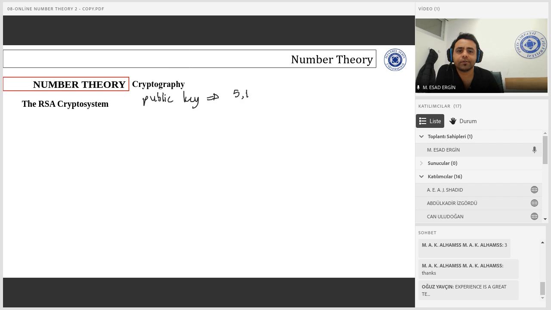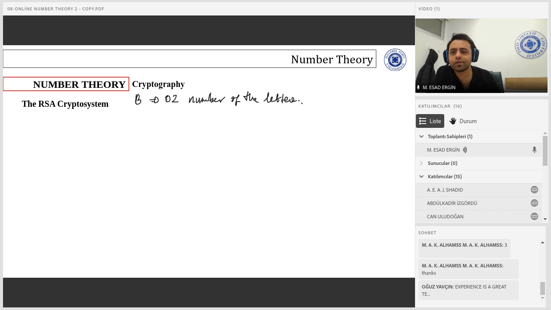Let us try to encrypt a message of very small numbers, or let me say only one letter, which is B. Okay, I choose B, and it is 02, which is the number of the letter.